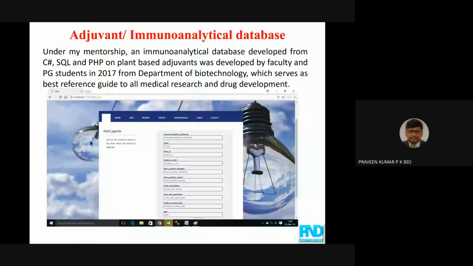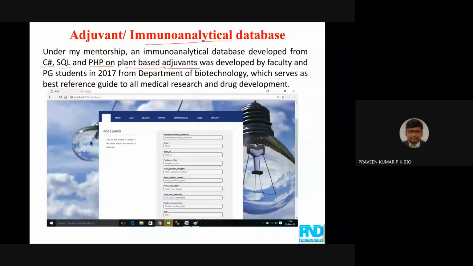I'm showing you the database we have developed, which we named the immunoanalytical database. We developed it using C Sharp, SQL, and PHP. Like this, we can come up with any kind of strategy. And this is an adjuvant database, a plant-based adjuvant database. Using these plant-based adjuvants, you can screen the specific secondary metabolite for the treatment of a specific disease.